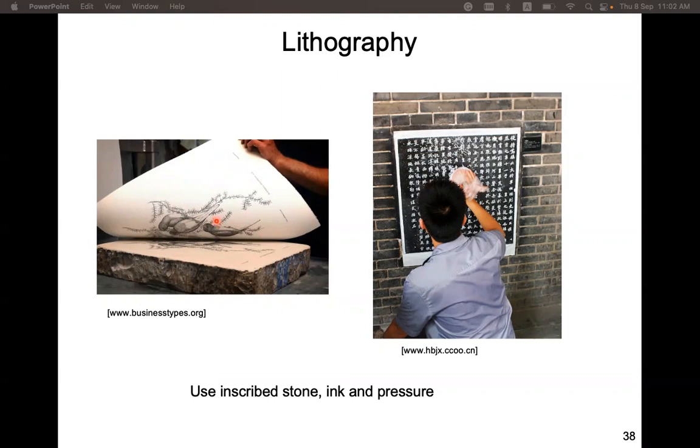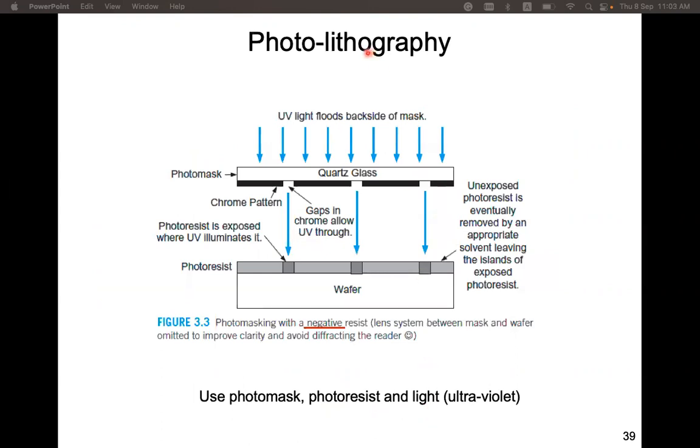Now, in photolithography, we replace the stone, or we can treat the stone as the mask, and the paper as a silicon wafer. But we don't use ink and pressure. We use so-called photoresist and light. So this photolithography system is like this.